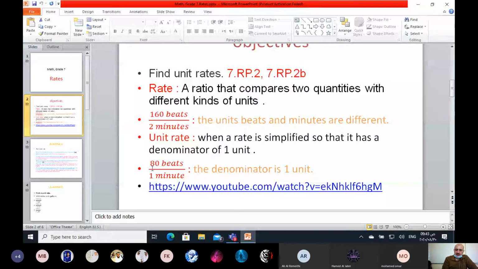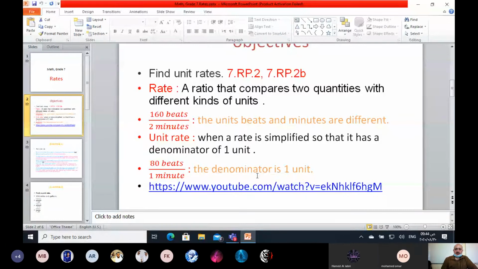As you see here, we have 80 beats, and here we have 1 unit. Always when you have 1 in the denominator, the rate is a unit rate.